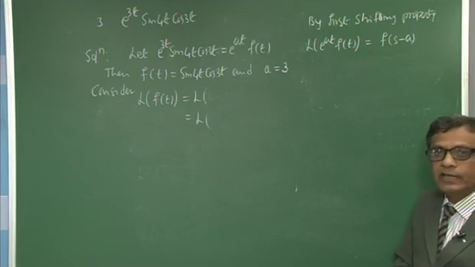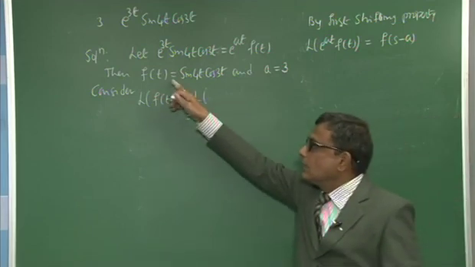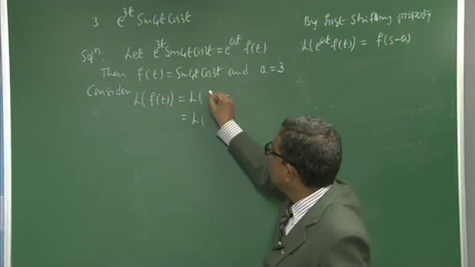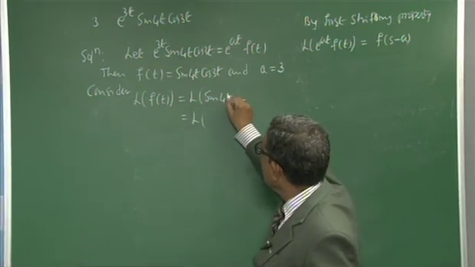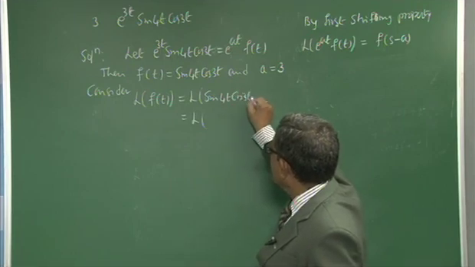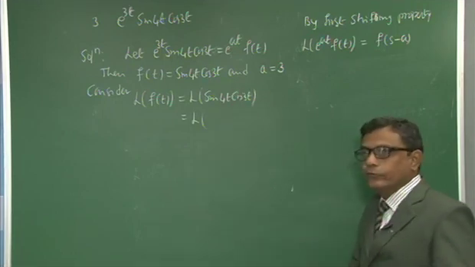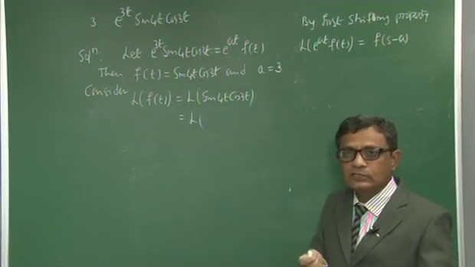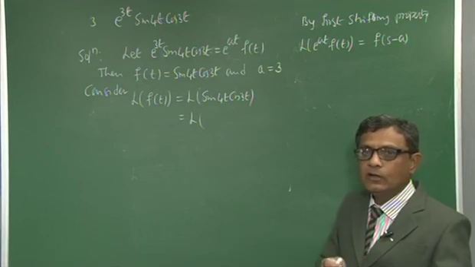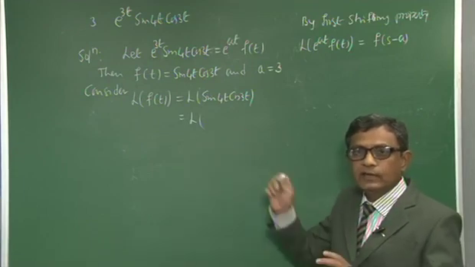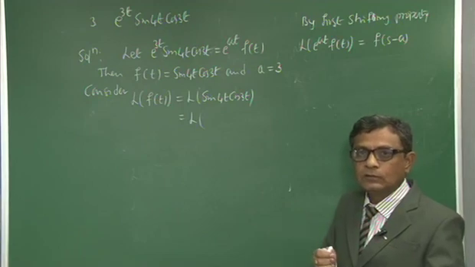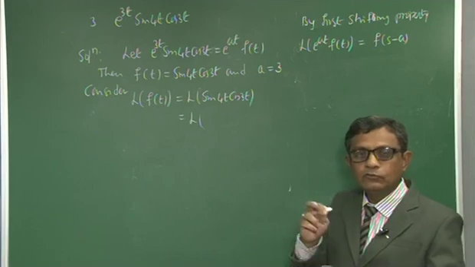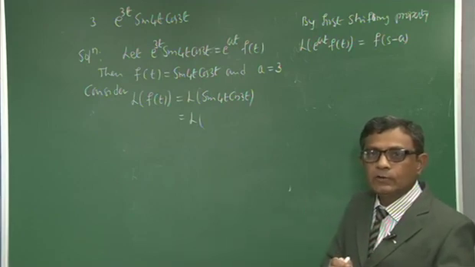Then find as usual the Laplace transform of the function f of t, L of f of t, which is sin 4t cos 3t. This is also not in the standard form, so you have to reduce the given function to the standard form. As I told, this is a trigonometric function, so you have to use the corresponding trigonometric formula.